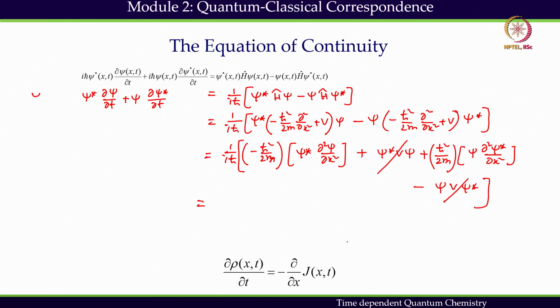So finally what I get is i h cut by 2m, psi star d2psi/dx2 minus psi d2psi star/dx2. This is the expression that we get.